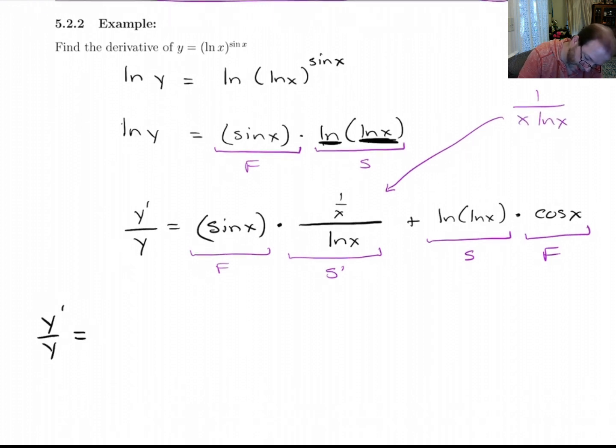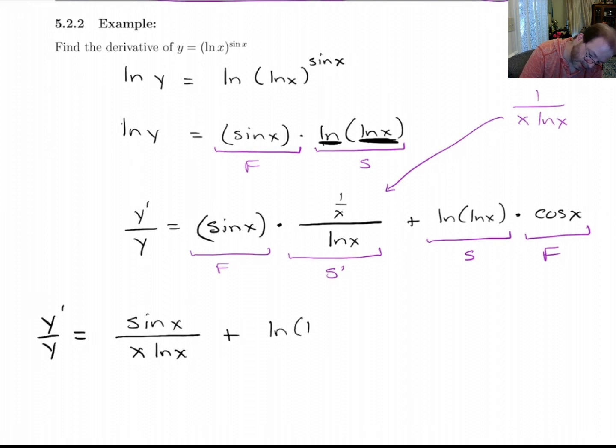So I can rewrite this whole term here as sine x over x ln x, then plus ln of ln x cosine x.